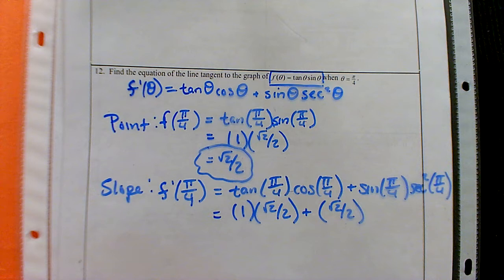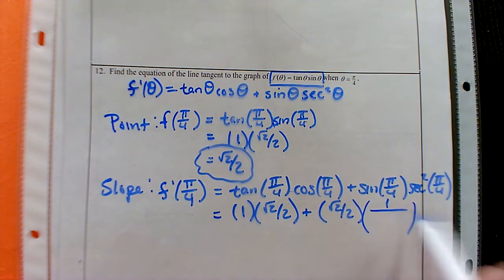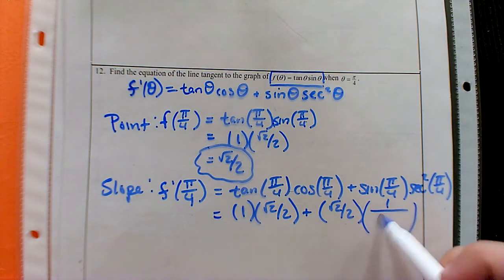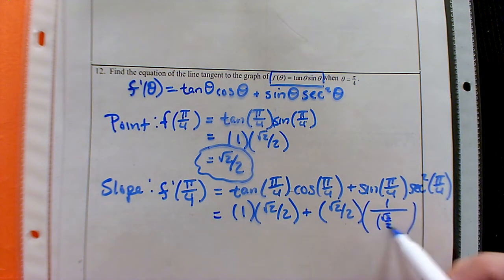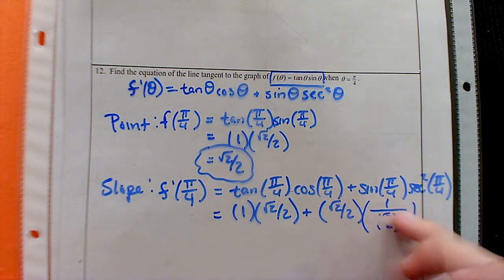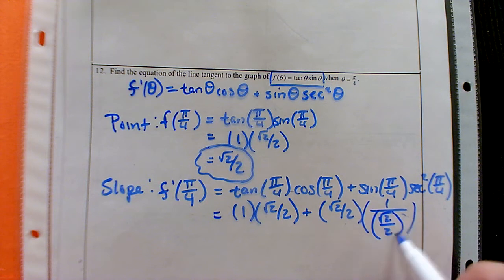What about secant, though? Can we rewrite secant as a sine or a cosine expression? Secant is 1 over cosine. Okay, so we know the cosine value at pi over 4 is square root of 2 over 2, but we have to square that because it's secant squared.